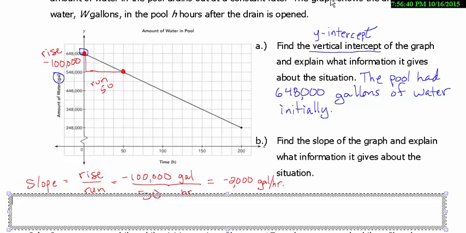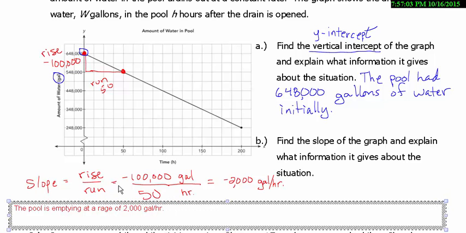If we're looking to see what information this gives about the situation, it tells us that the pool is emptying at a rate of 2,000 gallons per hour. Notice that we did not put negative 2,000 here. The reason is we have the word emptying, and the word emptying implies that we are decreasing.